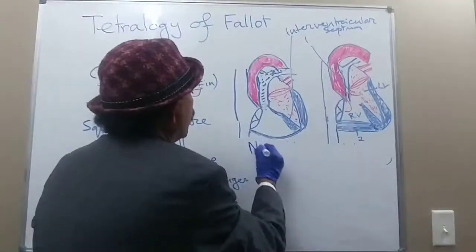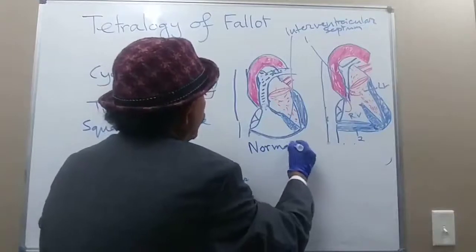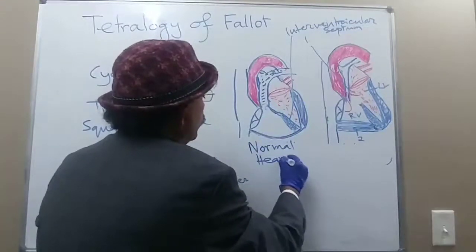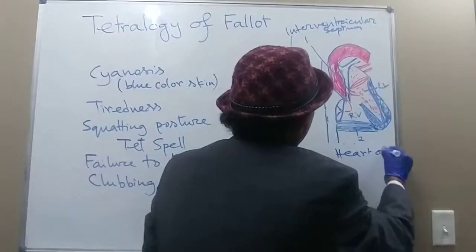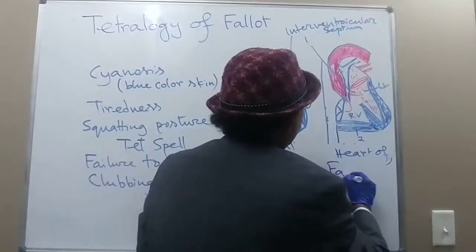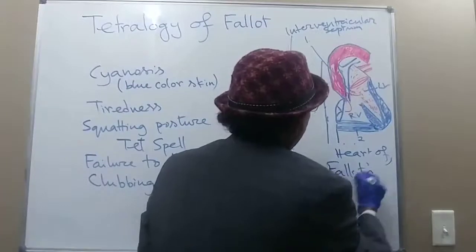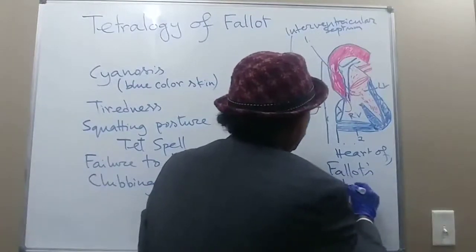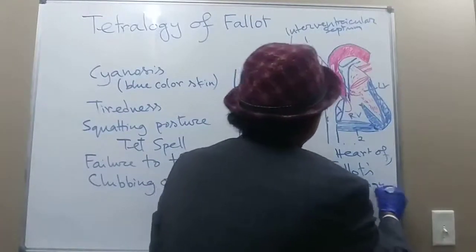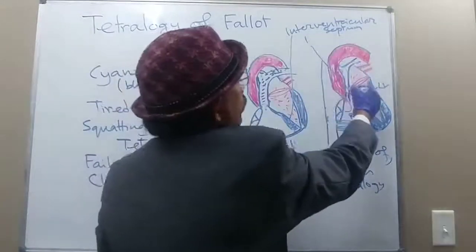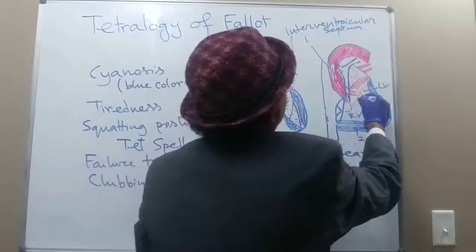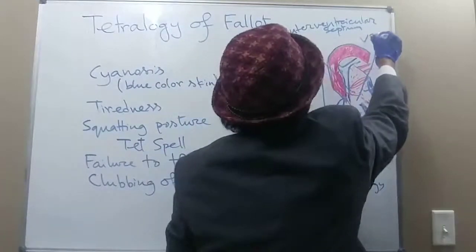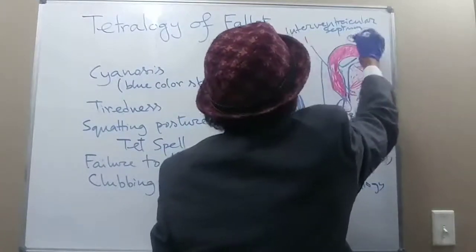So how does the heart look? This is a normal heart. Okay, this is the heart of Fallot's tetralogy, or tetralogy of Fallot. We have pulmonary stenosis, right ventricular hypertrophy, and ventricular septal defect, VSD, that is number 3.